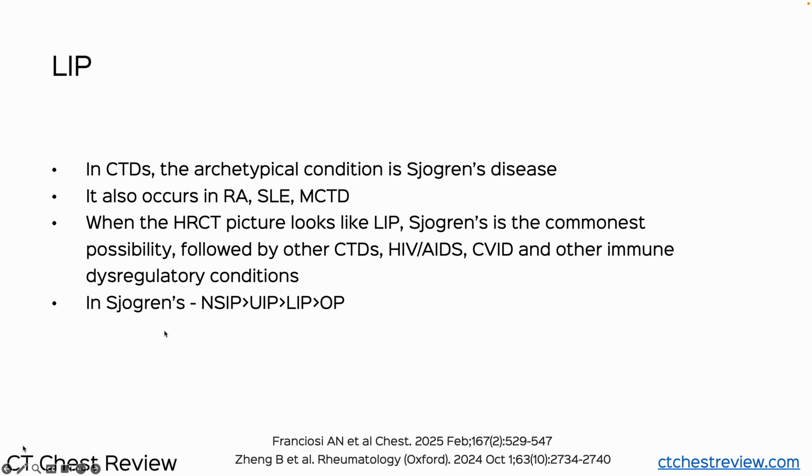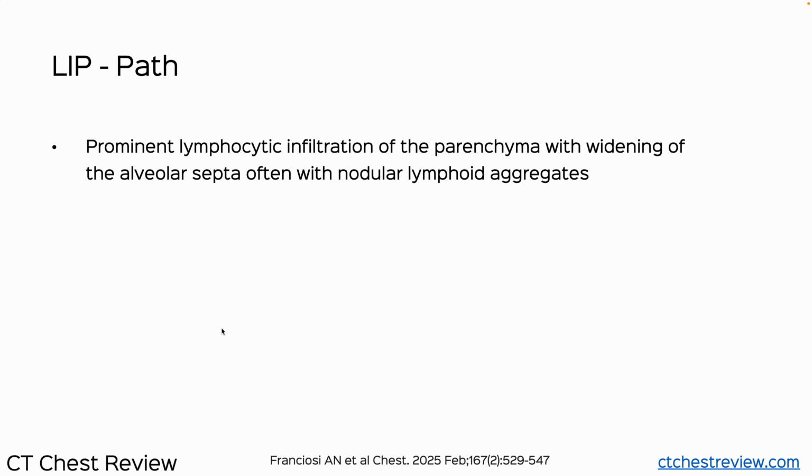But remember that even in Sjogren's, NSIP is the dominant finding, followed by UIP, and then LIP and OP. In some series, LIP and OP have an equal incidence and prevalence, whereas in others, LIP is commoner than OP, and in yet others, OP is commoner than LIP, and there is a strong female preponderance, as you will see in the cases that I'm showing as well.